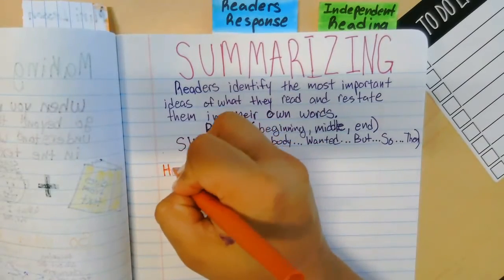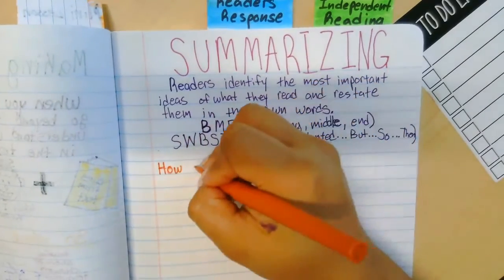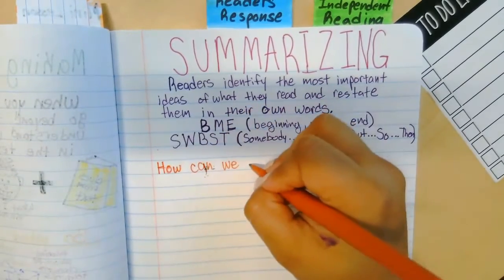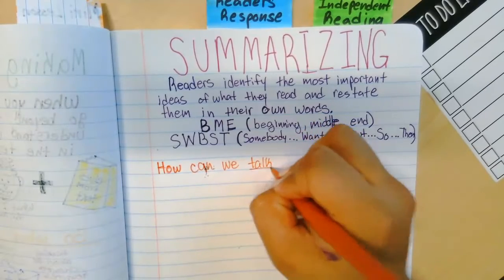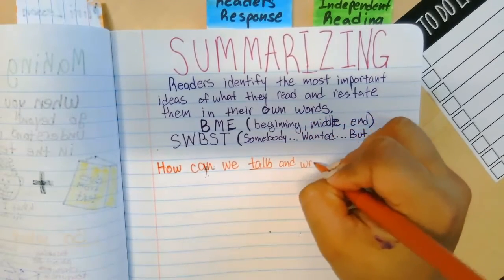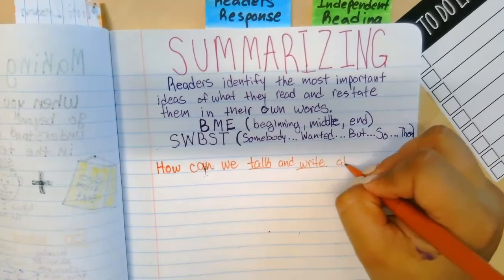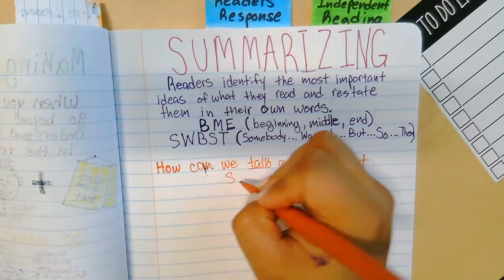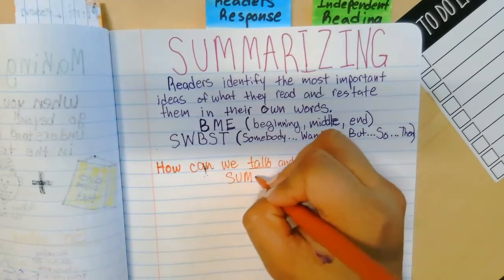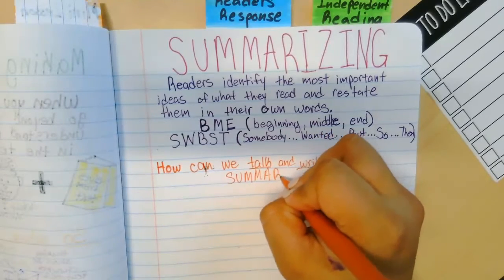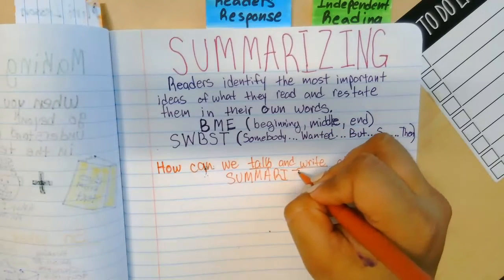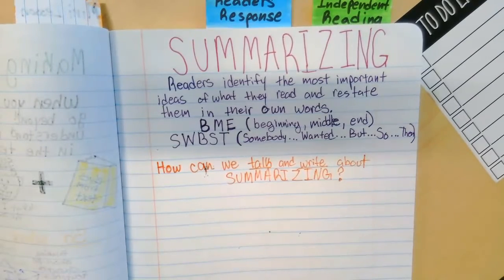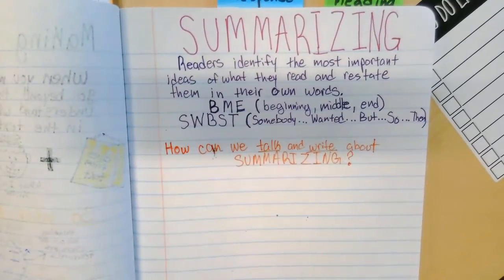How can we talk, make sure to underline talk, and write, make sure to underline write, about, oh, I don't have enough space, summarizing. I'm just going to put it in the middle in all capital letters. Summarizing. Okay, so here we go. How can we talk and write about summarizing?